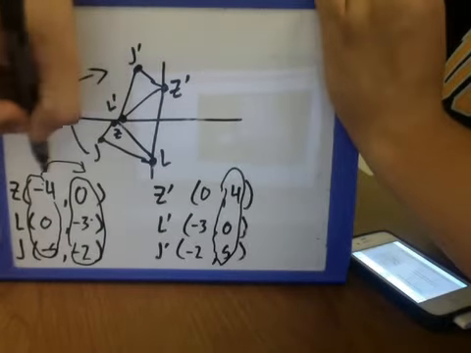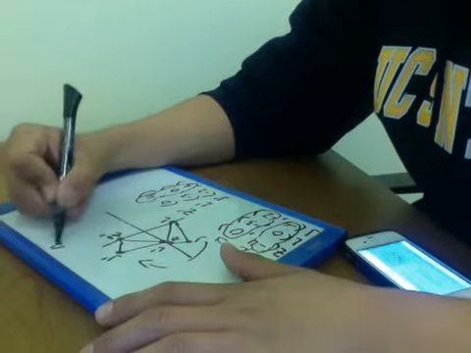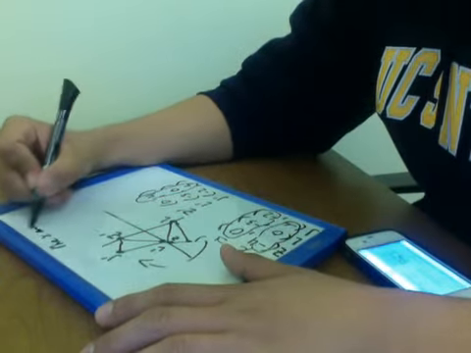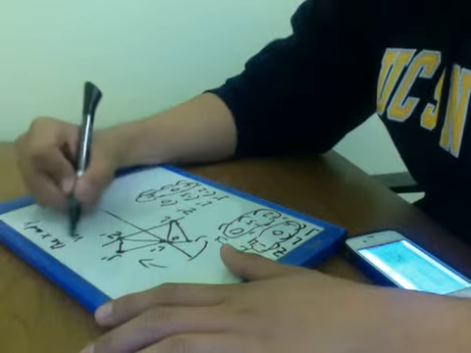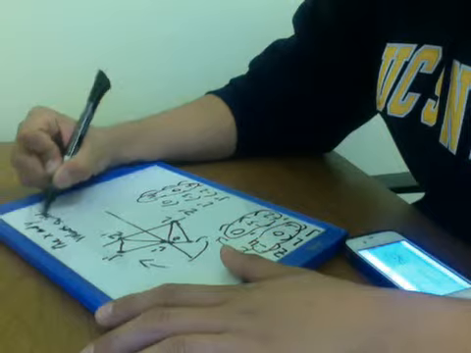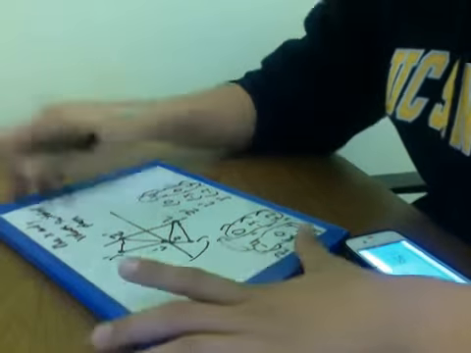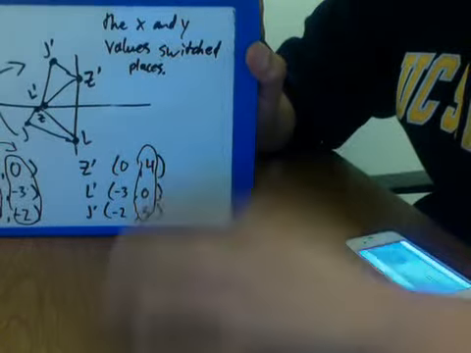So when you compare them, what you can say is that the x and y values switched places. You can say something like that.